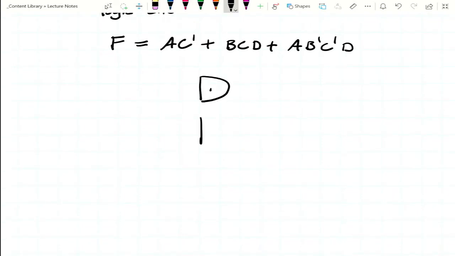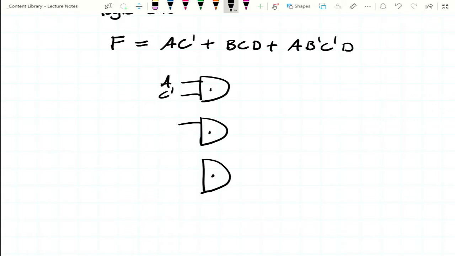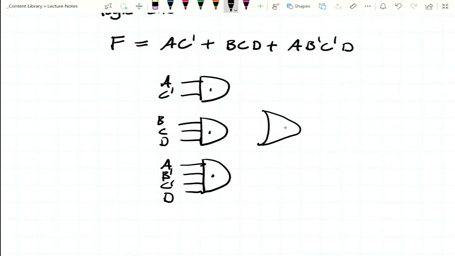So we get an AND gate, and an AND gate, and an AND gate. The first one has A and C prime. The second one has B, C, and D. The third one has A, B prime, C prime, D, and they all feed into an OR gate and give us our function F.